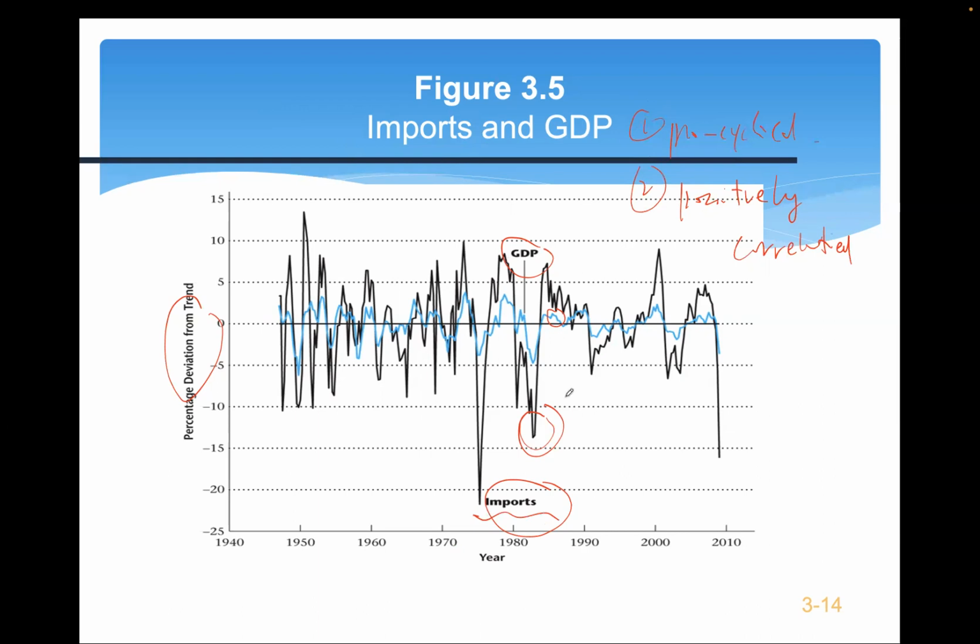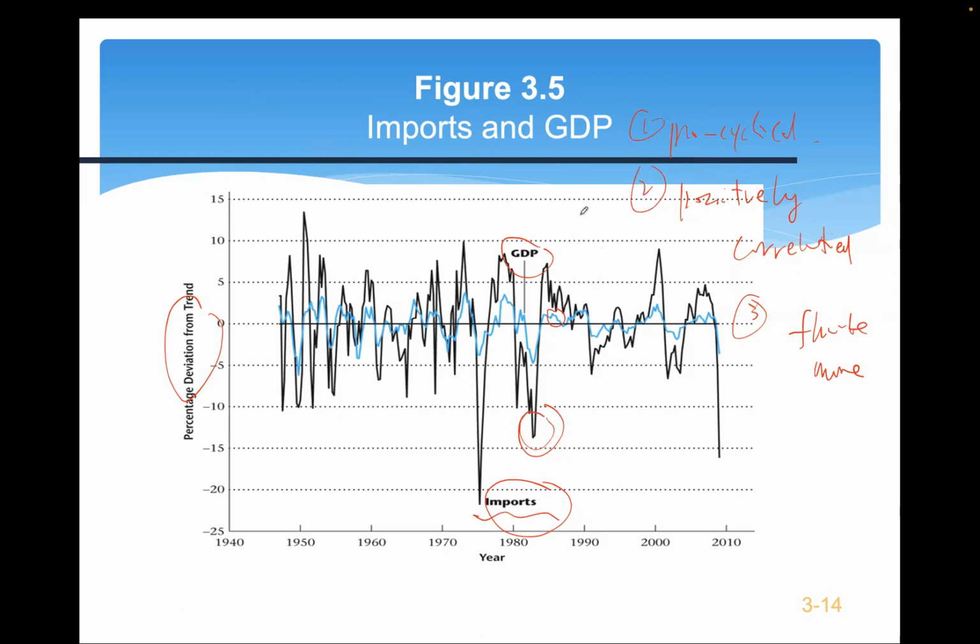Import in some sense is not essential, or probably it's less essential than domestic production or consumption. Hence, when the GDP declines, you may want to cut your import. When GDP rises, then you may want to expand your import. Right. So this is the first, write down. Third one. So import fluctuates more compared to real GDP.